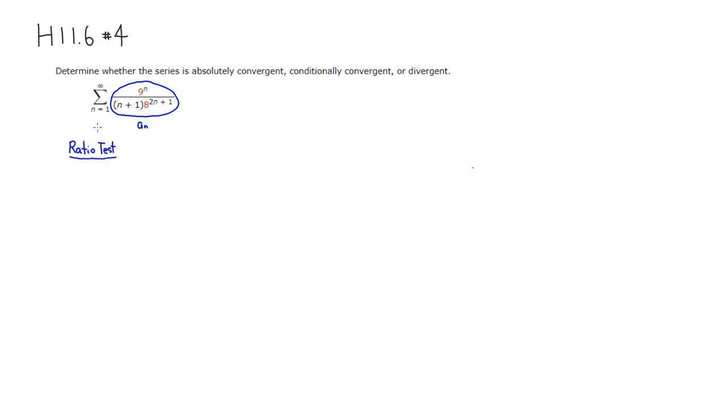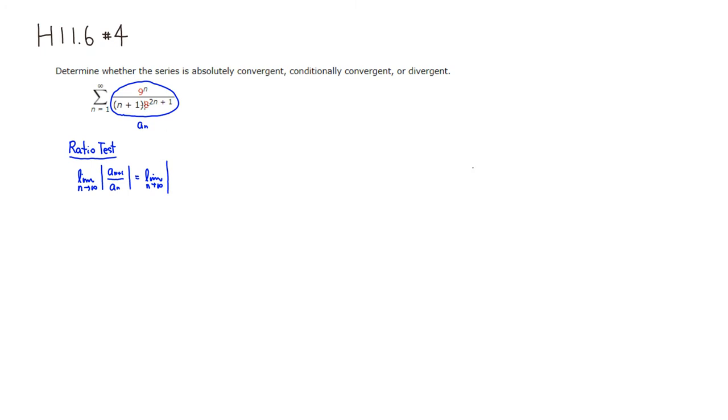We're going to have to look at the limit as n approaches infinity of the absolute value of a_(n+1) over a_n.